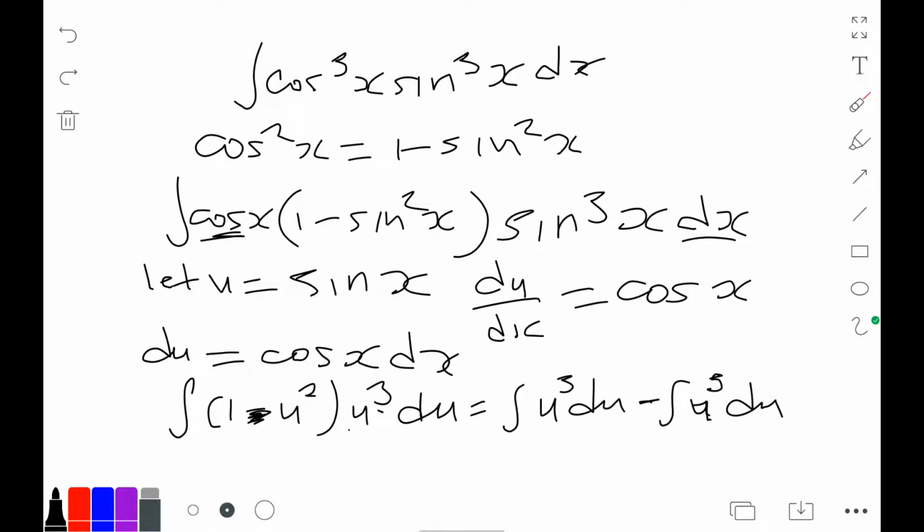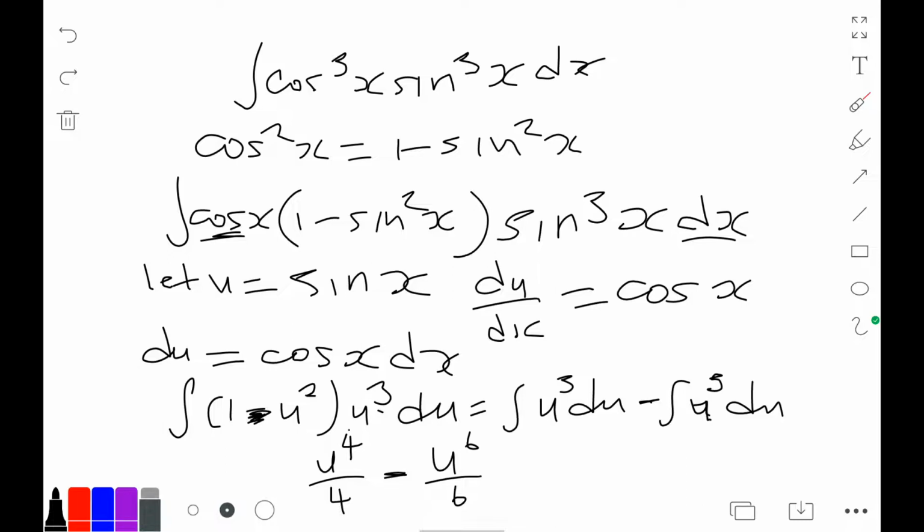So now you can just say the integral of u to the power 5 is going to be, when we solve it, u to the power 4 over 4 minus u to the power 6 over 6.